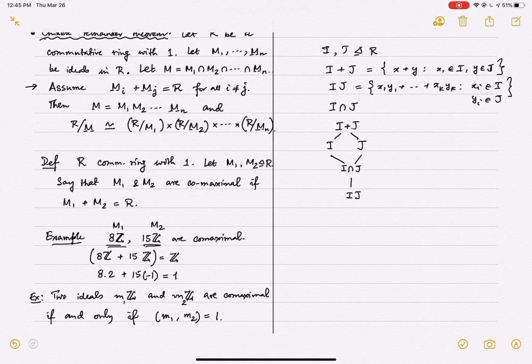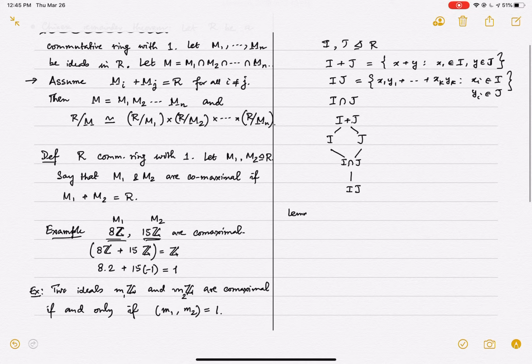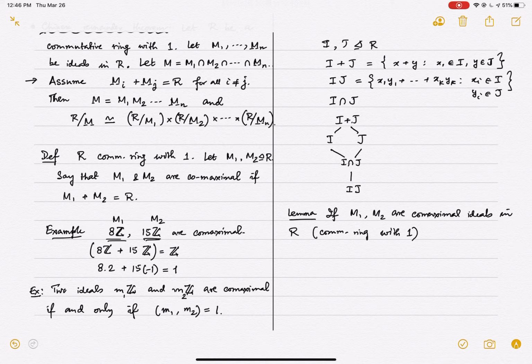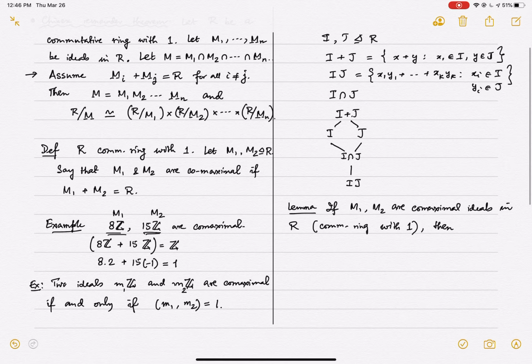Let's verify this little lemma. That if M1, M2 are comaximal ideals in R, which is still a commutative ring with 1, then the product is the same as the intersection.